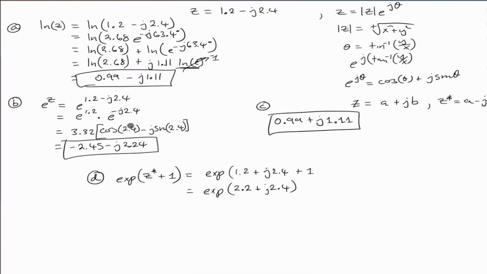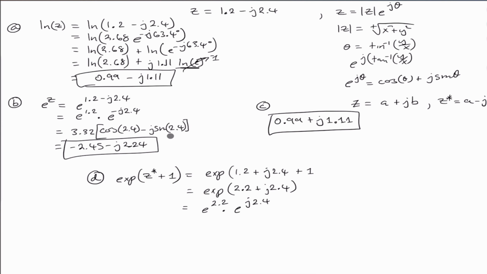We can do what we did with our exponential. We write e to the 2.2, use the same property, we're adding, so now we just multiply. That is e to the j 2.4.